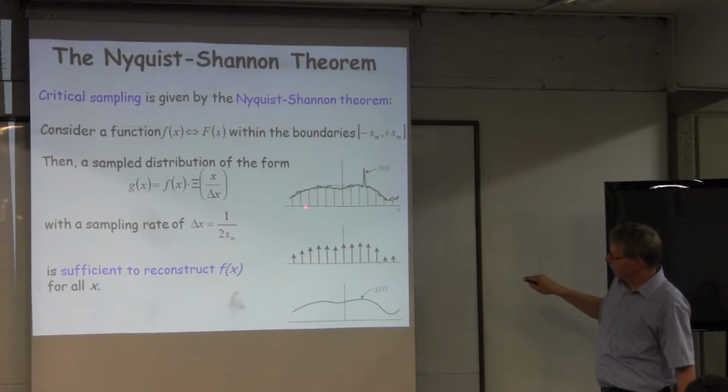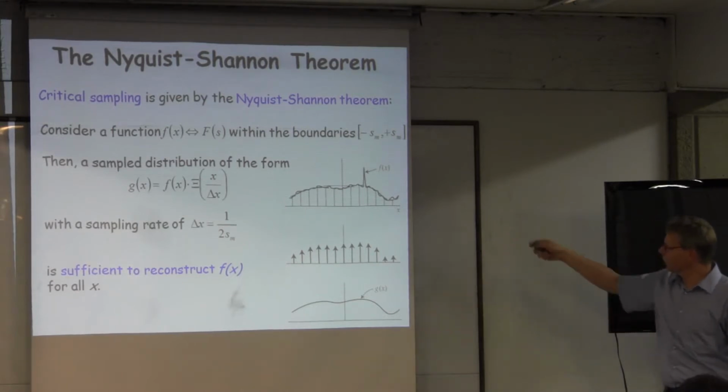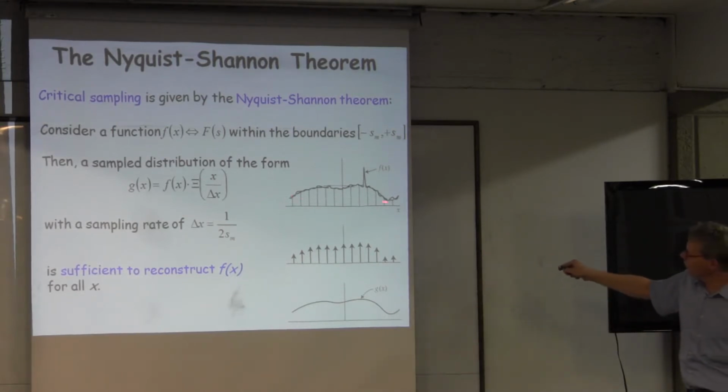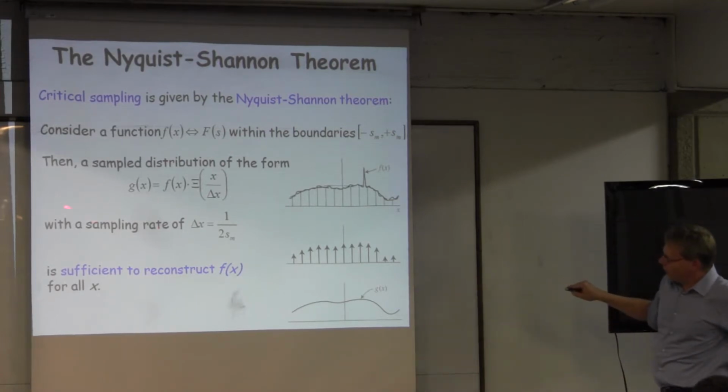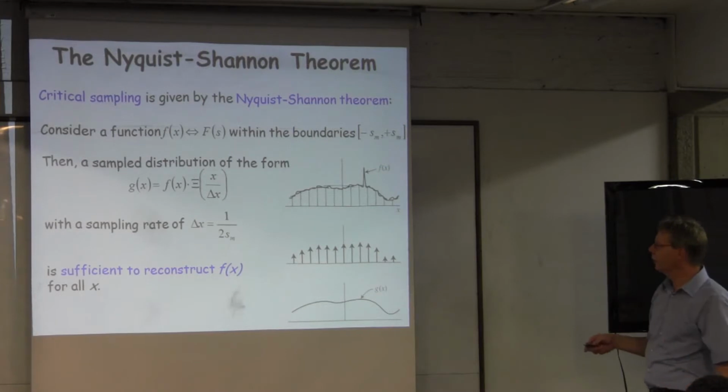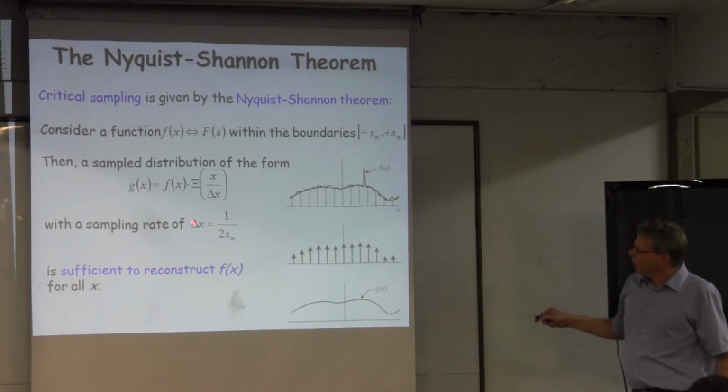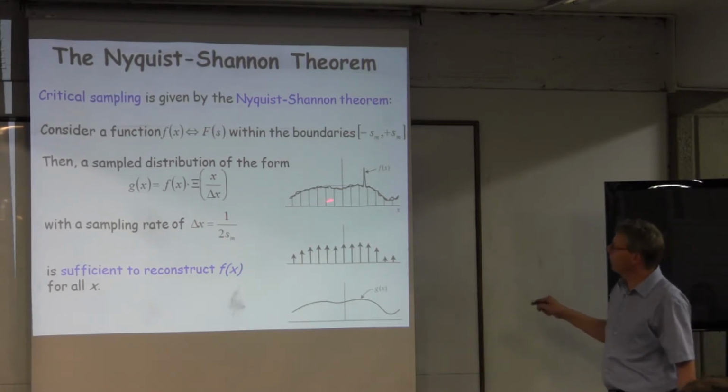The vertical lines here are our sampling frequency, or given sampling frequency you can see here. So we have a sampling rate here with delta x, where x could be space or it could be time.